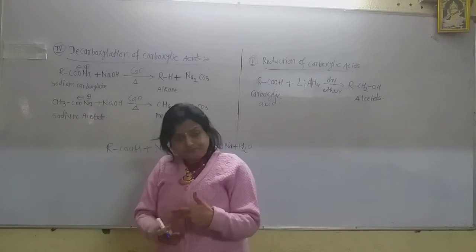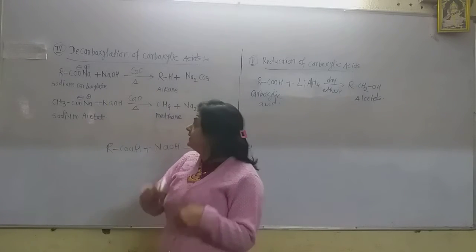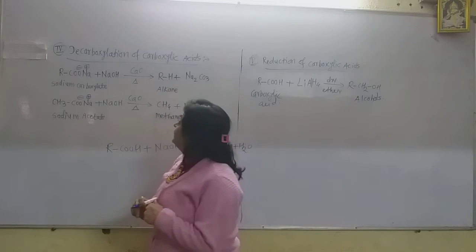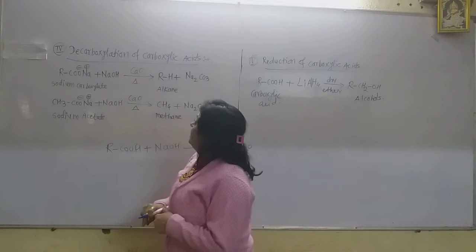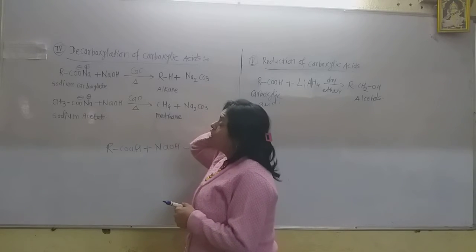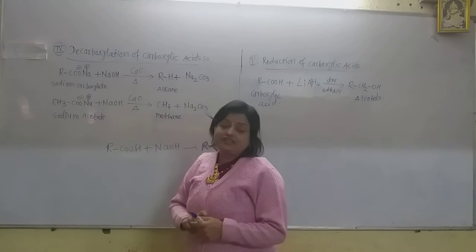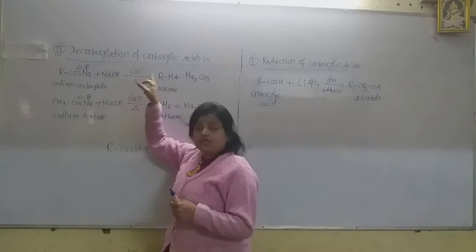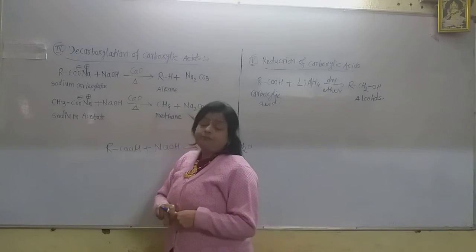And again, this sodium salt of carboxylic acid reacts with the sodium hydroxide, that is the strong alkali, in the presence of calcium oxide, that is also called dry lime.